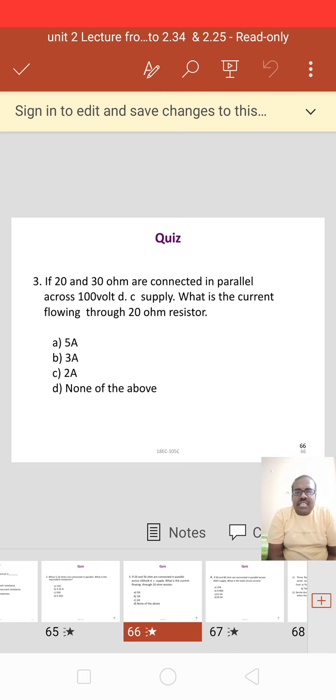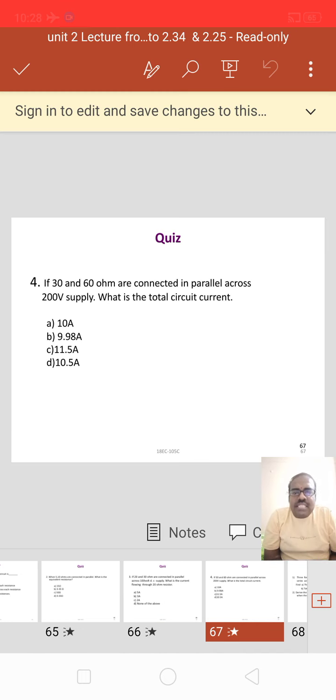Two resistors are connected in parallel, and the current through each branch is different. I1 equal to V by R1, V is 100, so 100 by 20 equal to 5. Answer A, 5 amperes.